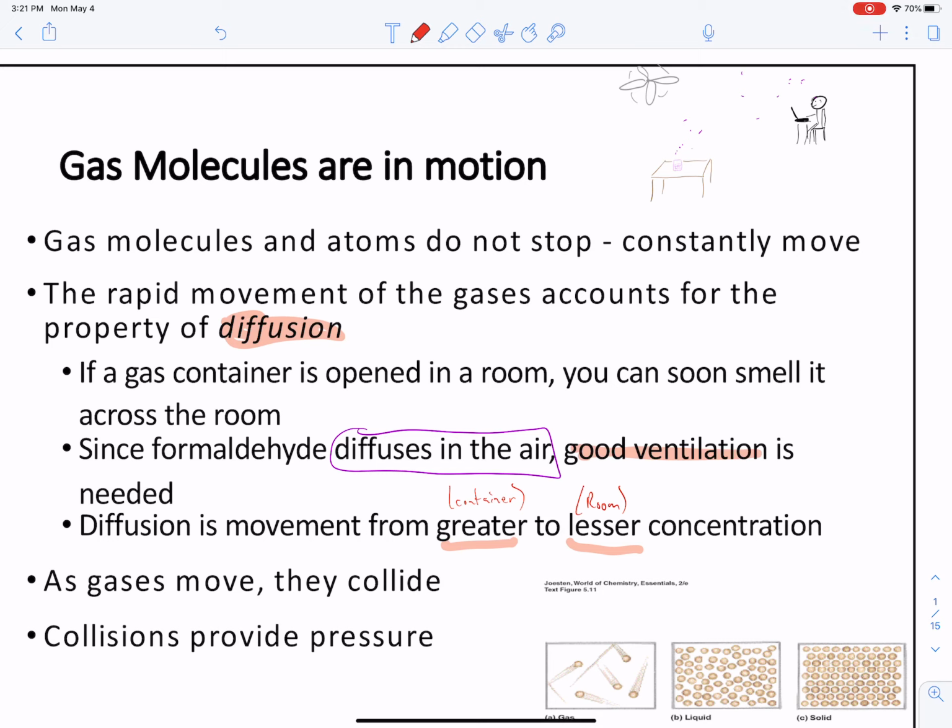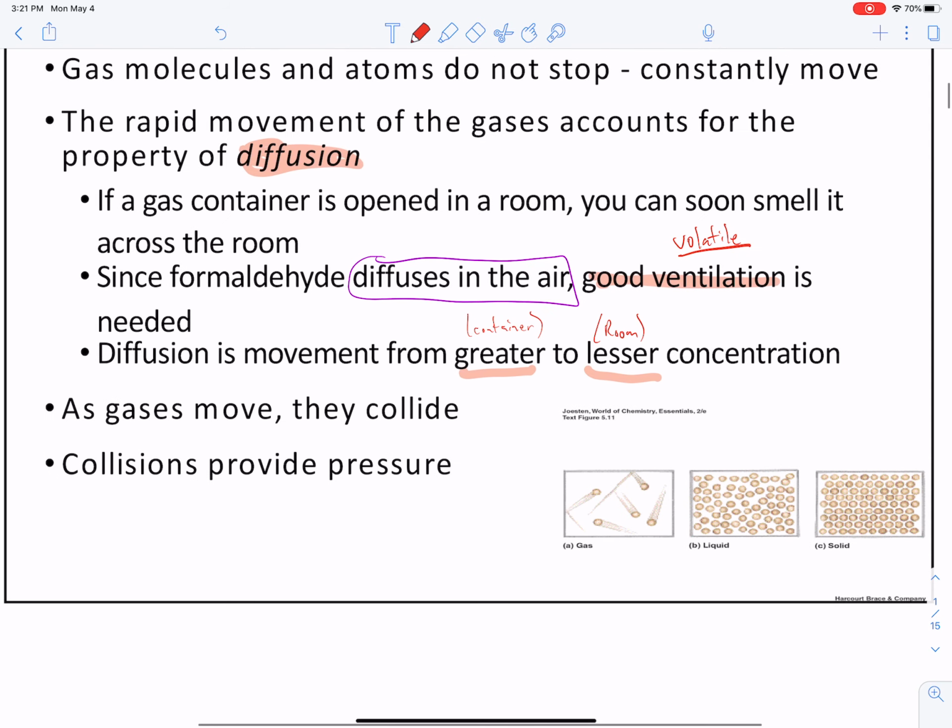So the formaldehyde, because it is volatile, that means it evaporates quickly, it's going to diffuse through the room. So these collisions actually provide pressure. Let's think about it. Think of these collisions as a small punch.